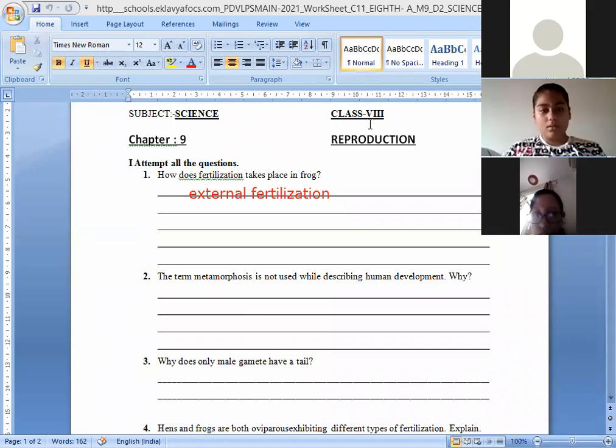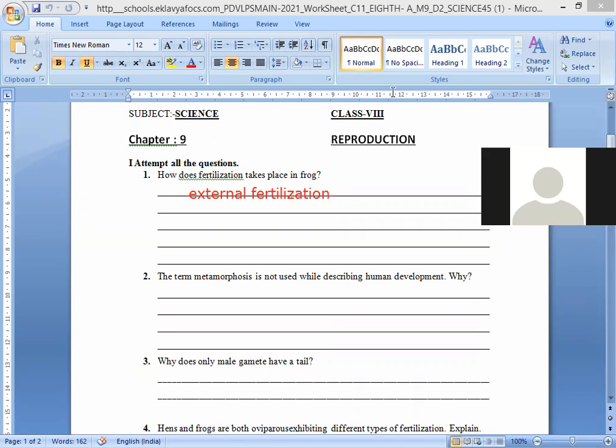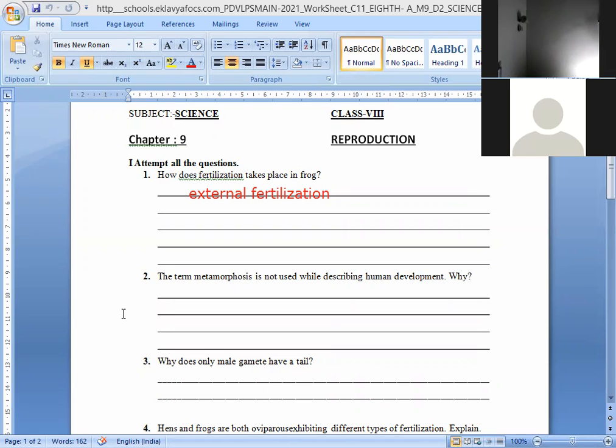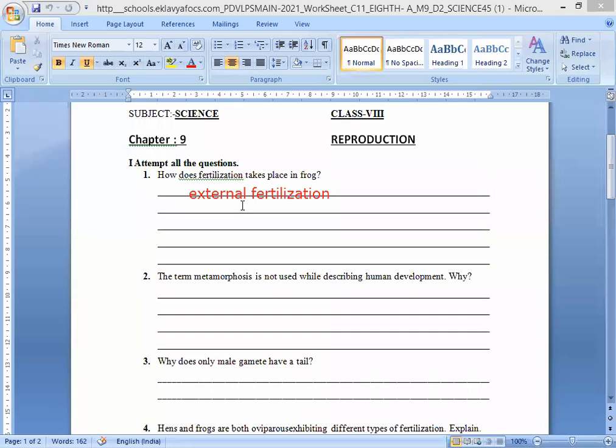Yes, Anshika Agarwal. I want the definition of metamorphosis first of all, what metamorphosis means. Metamorphosis means the transformation of a larva into an adult through drastic changes.